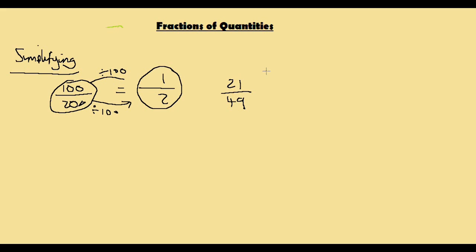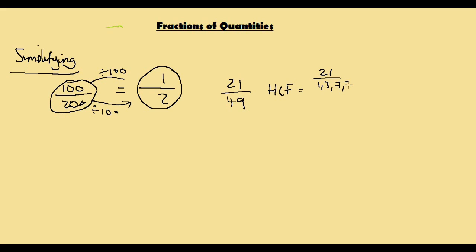Now we're not going to cover how to find the highest common factor because that's a topic for another video. But if we were to look at 21 and 49 and then calculate what all the factors are, the factors of 21 are 1, 3, 7, 21, and the factors of 49 are 1, 7, and 49.